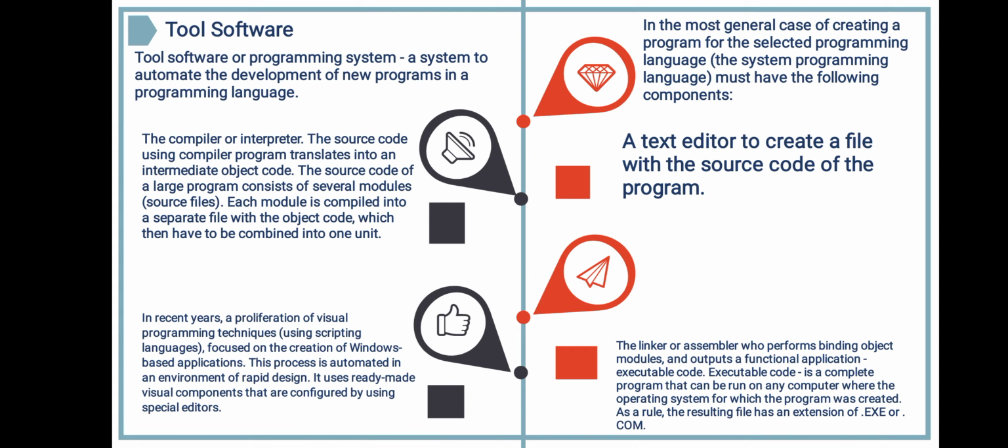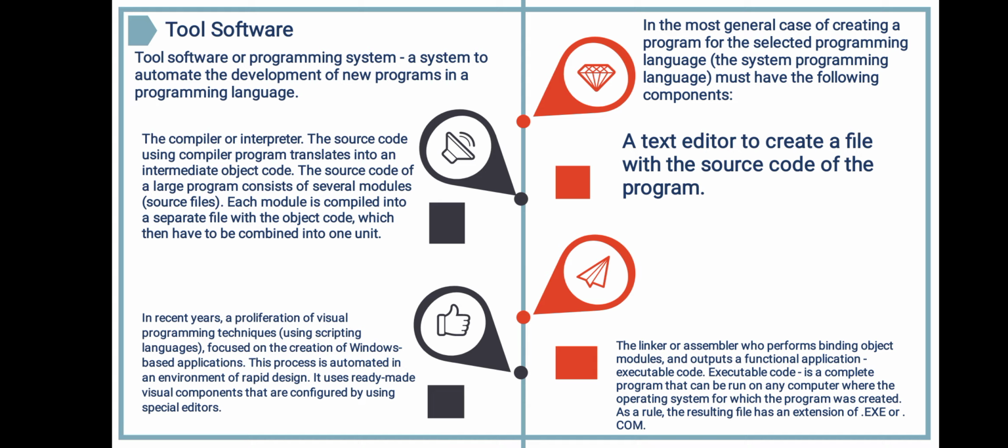Tool software, or programming systems, is a system to automate the development of new programs in a programming language. In the most general case of creating a program in the selected programming language, the programming system must have the following components: a text editor to create a file with the source code of the program, and a compiler or interpreter.